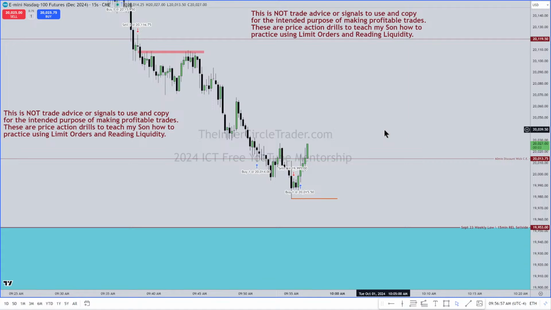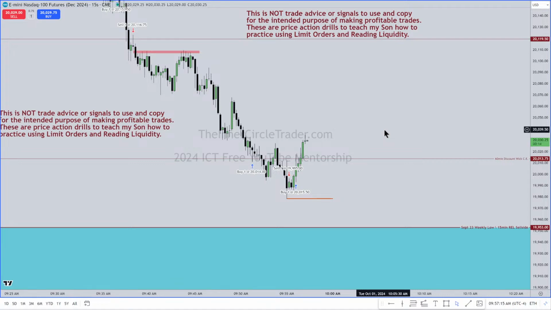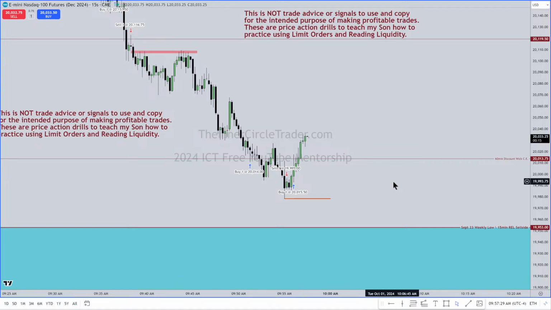But what you're doing is you're looking for every instance of a fair value gap, and you're engaging every single one of them, aiming for a particular pool of liquidity or inefficiency, something that's given you some kind of directional bias. If it's directionally driven like today, it makes it pretty easy to trade on one side of the marketplace. But there's going to be days where you go in and you're practicing and it's range bound. And that's actually the better times to be trading with your drills.